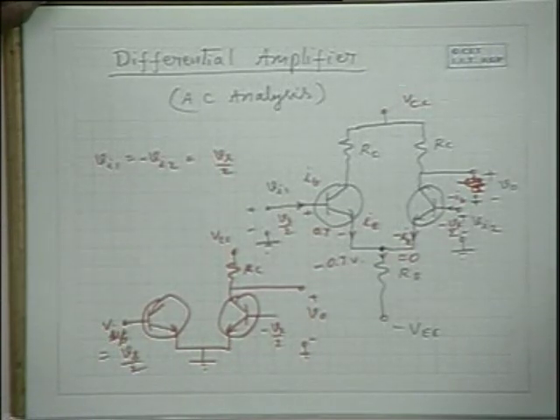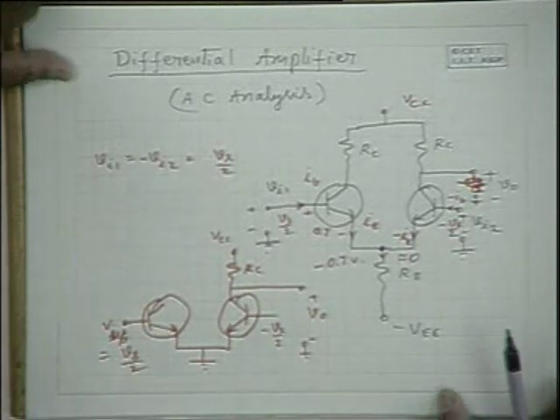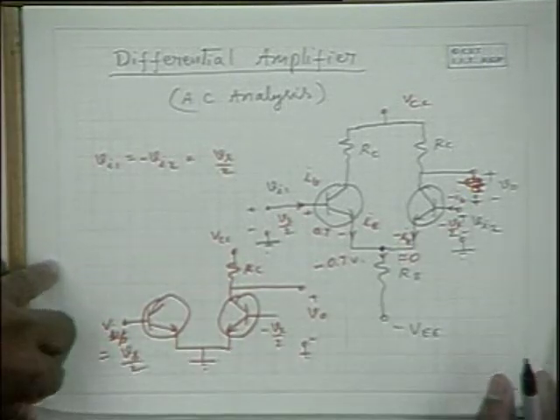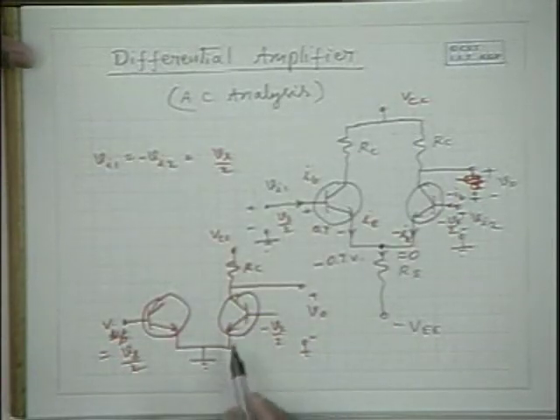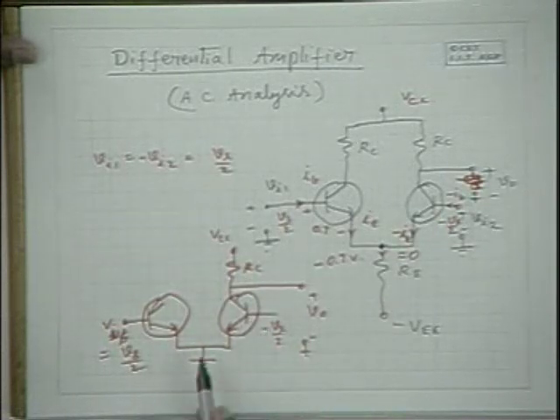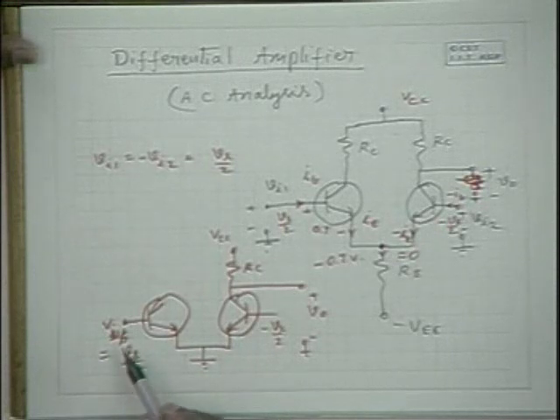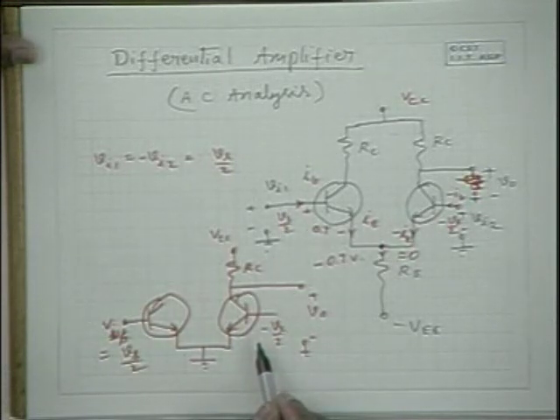Now if you draw the equivalent circuit of this particular circuit, we find that these two stages are now isolated because this is connected to the ground, and whatever signal is applied here, the same signal is applied here with opposite sign.